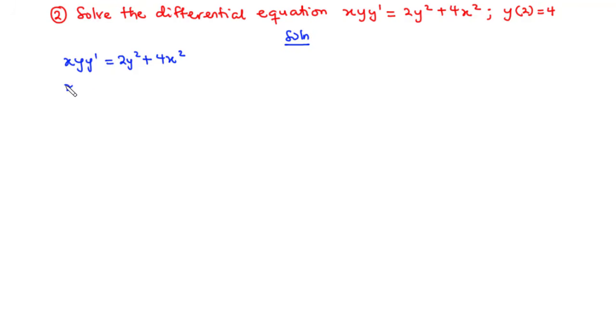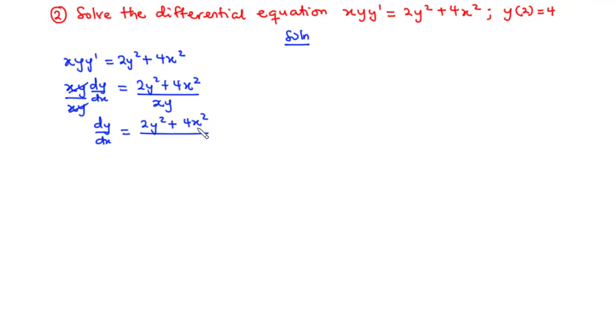So xy y prime becomes xy dy dx, that is equal to 2y squared plus 4x squared. Now we divide through by xy, and then we have dy dx equals 2y squared plus 4x squared, all divided by xy.